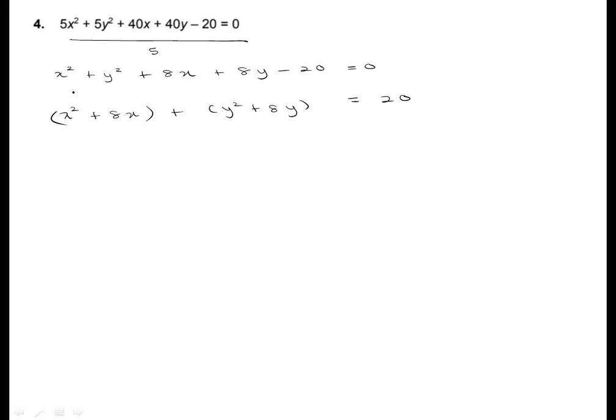Let's do completing the square for the x variable first. Here we can see that our b is 8, so (x plus 8 over 2) squared minus (8 over 2) squared. This is for x. And then let's do it for y.